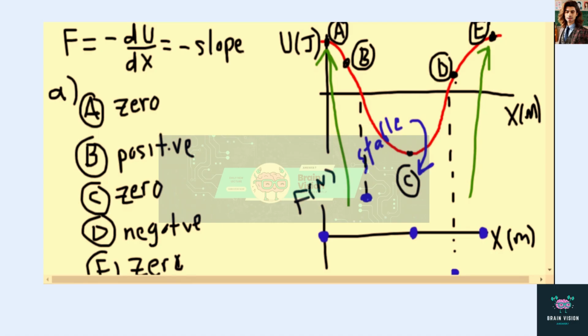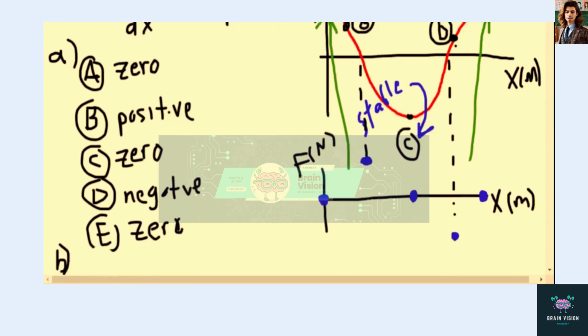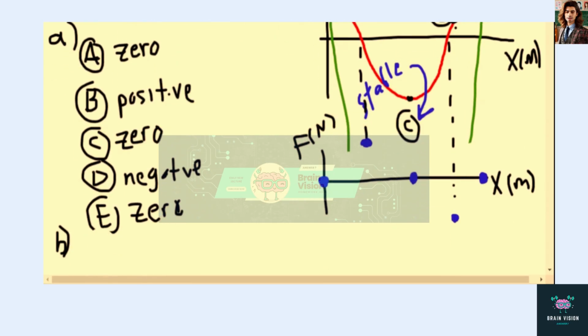Let me look at exactly what we're supposed to be doing again. Sketch. I don't know if I need to put numbers on here. The slope would be the derivative. Let's go ahead and put numbers on here.